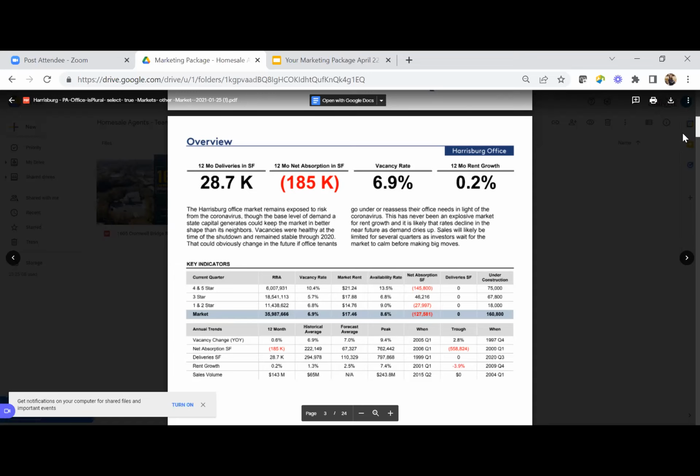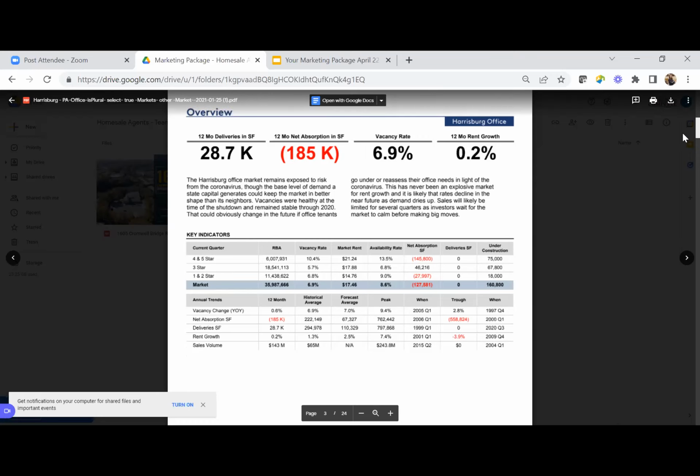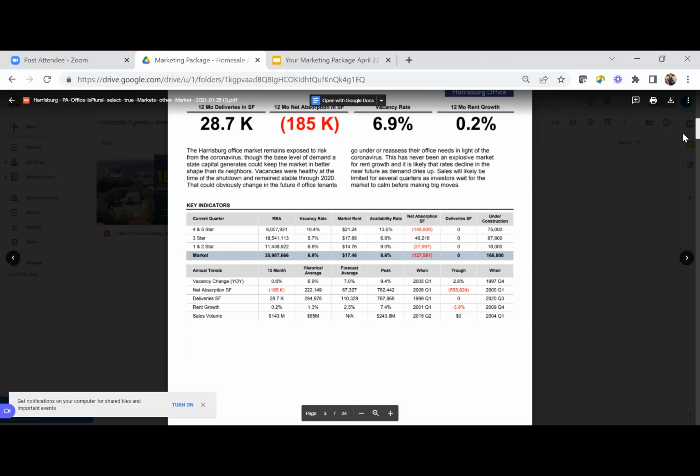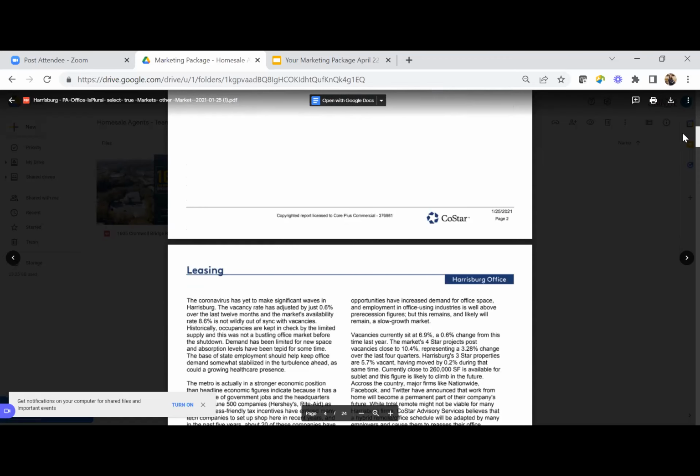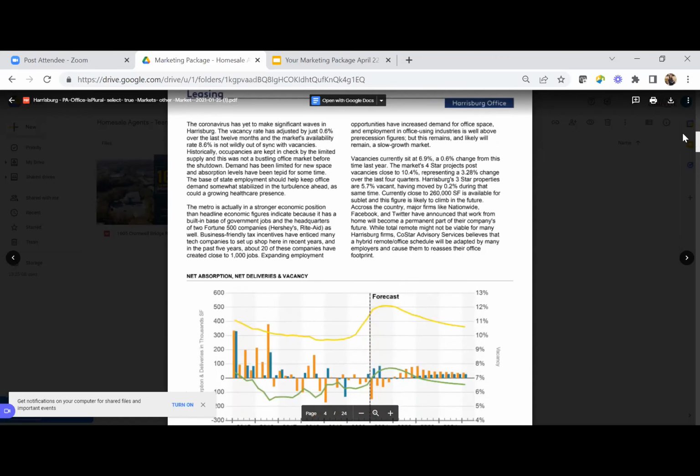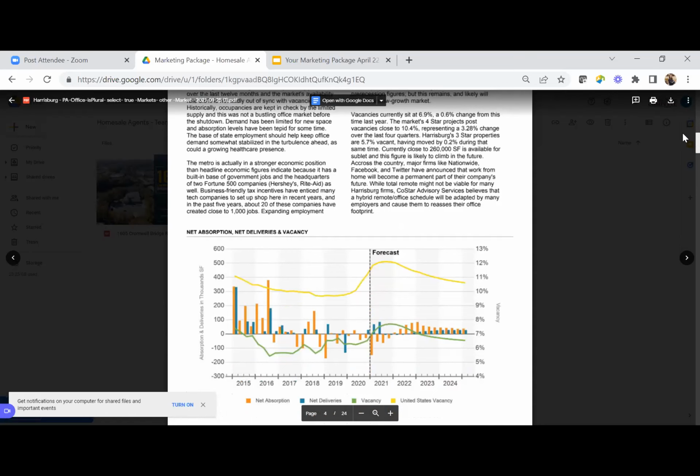Vacancy rate, the vacancy portion of that is worth 65 million. And then availability rates, 243.8 million. So as you can see, this is just a quick overview of what the Harrisburg office market looks like.